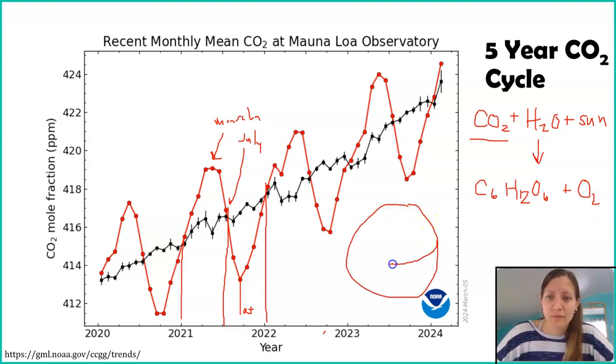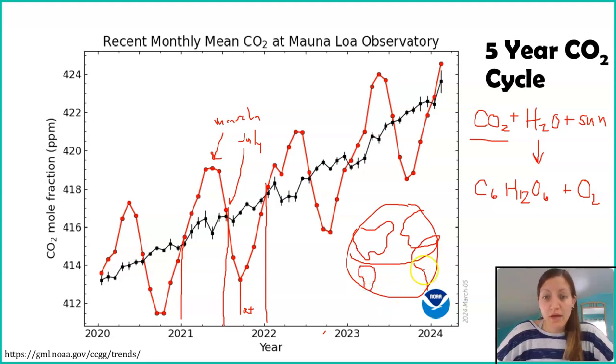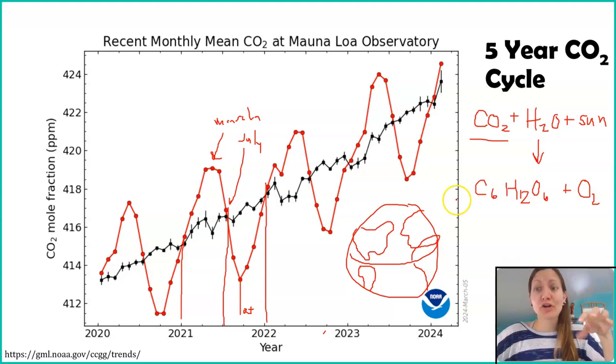So here's our globe, here's the equator, here's North America, here's Europe, the northern part of Africa, southern Africa, here's South America. Hey, I think that's actually a pretty good job. Most of the land mass on Earth is in the northern hemisphere. Because most of the land mass on Earth is in the northern hemisphere, that means most of our land plants are in the northern hemisphere.